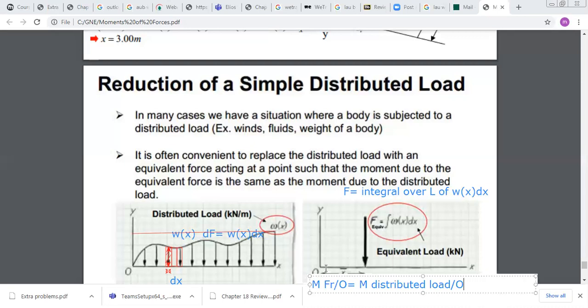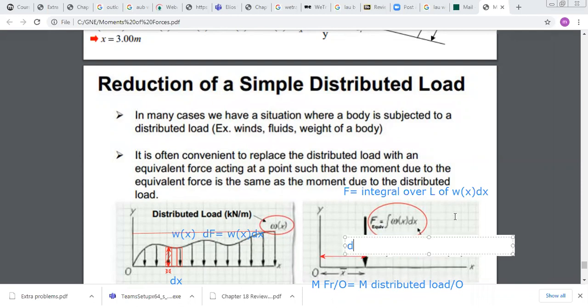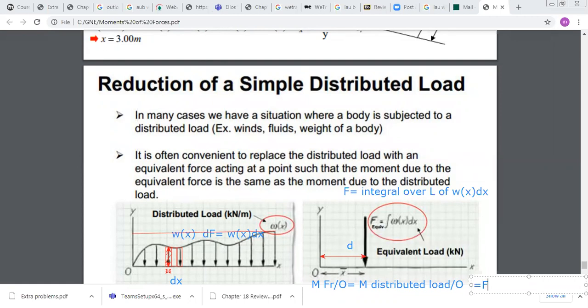If I name this distance d, from here to here, I want to find what d should be in order to obtain an equivalent system. The moment of F about O is simply equal to F times d, and here it is clockwise. The abbreviation for clockwise is CW, and counterclockwise is CCW.